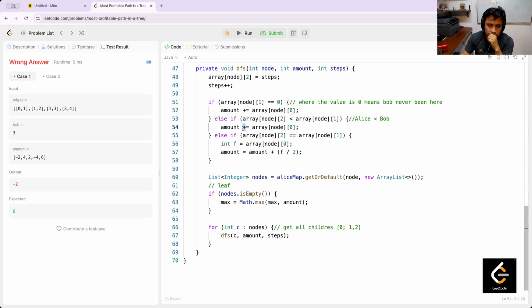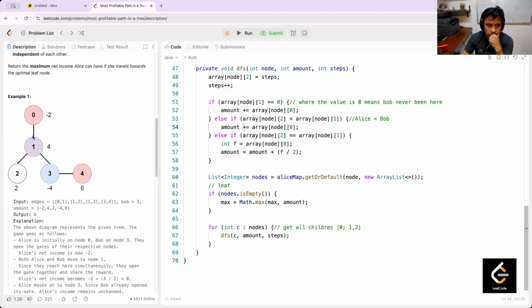Maybe I am using this kind of way, this, because in this case it is 2, come back.